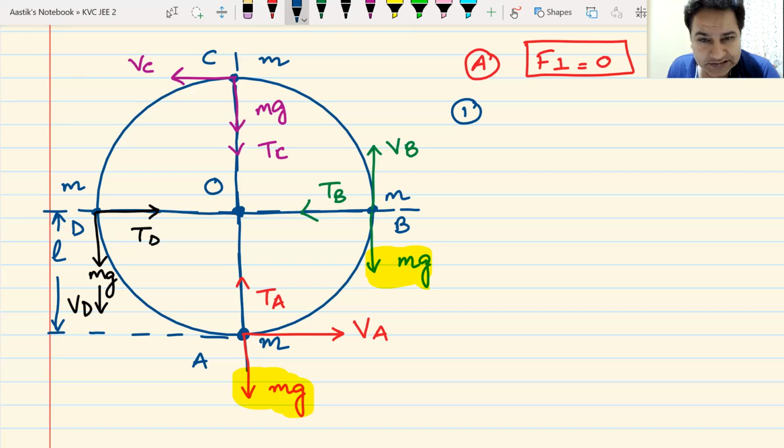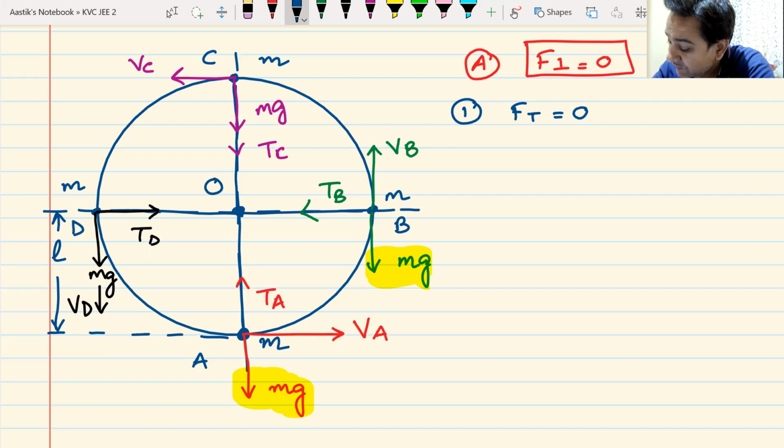There is no force. VA cannot be a force. VA is velocity, how can it be a force? Okay, there is no force in the tangential direction, so Ft is 0. Do you all understand this? VA is the velocity, it is not a force. I cannot make velocity a force.